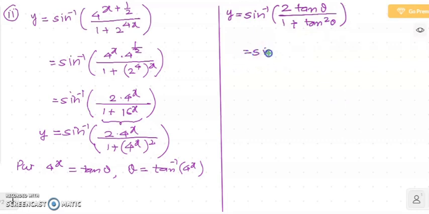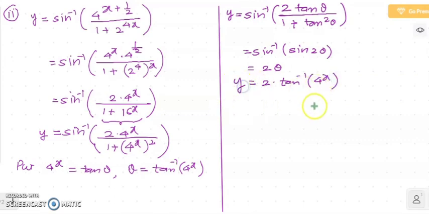Sine inverse of 2 tan theta upon 1 plus tan square theta is sine 2 theta, and sine inverse of sine 2 theta is simply 2 theta, which is 2 into tan inverse of 4 raised to x. This is y in the simplest form.